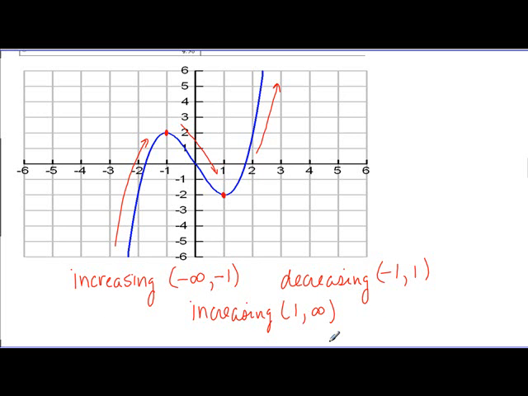Now these places where the function changes from increasing to decreasing or decreasing to increasing are called relative minimums and relative maximums.